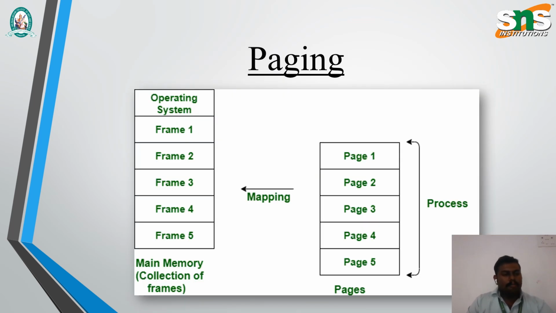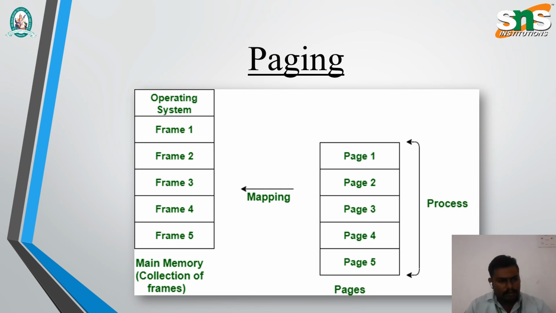And paging. Paging is a memory management technique in the operating system where a process's virtual memory space is divided into fixed size blocks called pages, and the physical memory is divided into similarly sized blocks called frames. For each process, memory is broken down into fixed size logical memory blocks called pages.